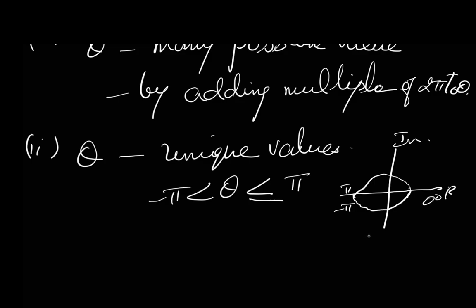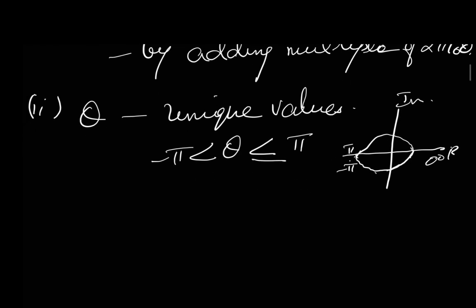In the first case, 0 to pi, I include the pi value as the last value. But in the clockwise direction, it only limits, touches pi, so we do not give equal to minus pi.